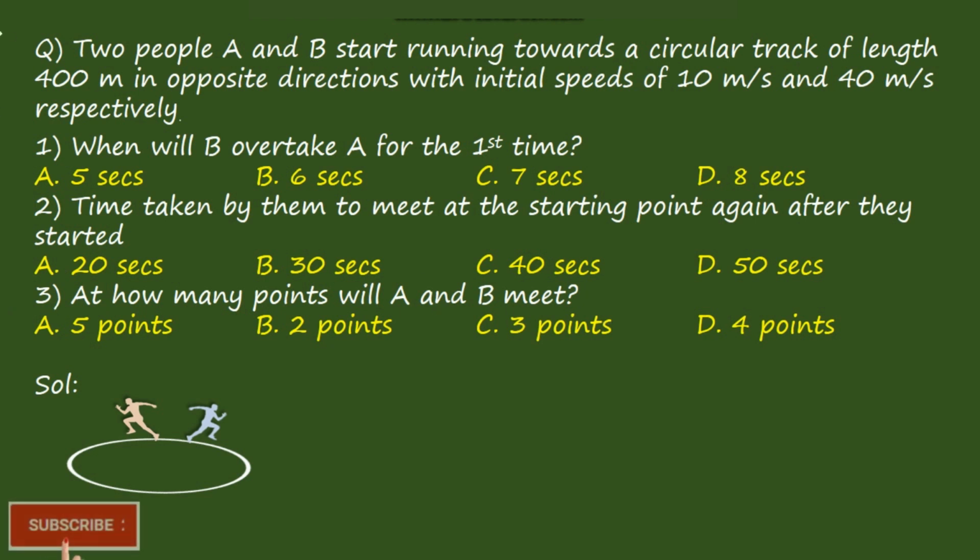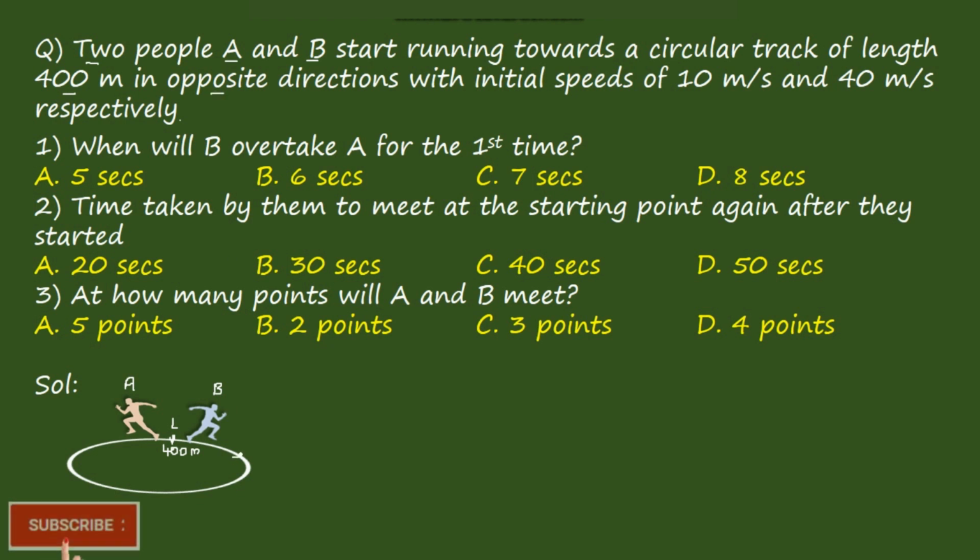Okay, first understand the question. They are saying that there are two people A and B. So consider two people A and B. And they are running on a circular track of length 400 meters. Okay, they are moving in a circle. And the length of the circular track is given as 400 meters, right? Again they are saying in the opposite direction.